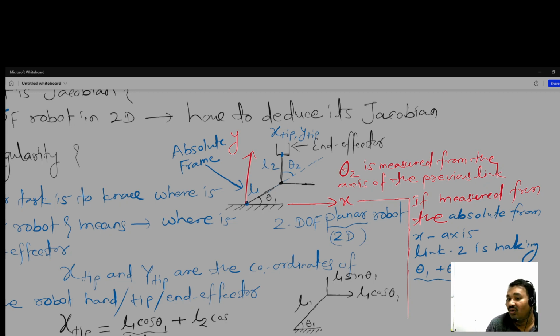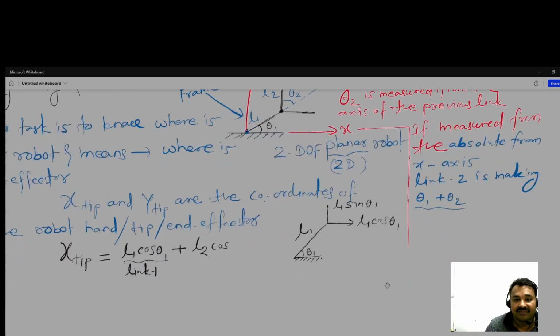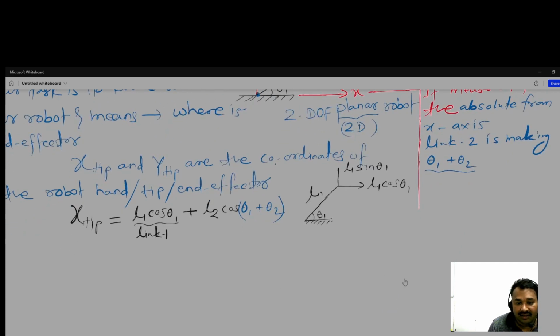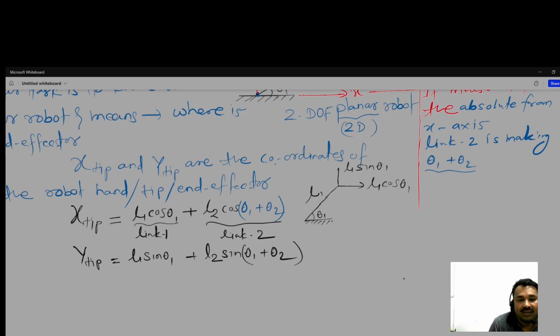Similarly for y, it is L1 sin theta 1 plus L2 sin of theta 1 plus theta 2.